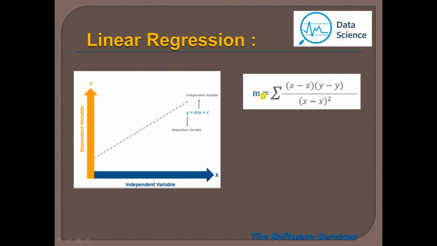So the model learns m from the training set. Once the m value comes, c is very easy. From simple mathematics, c will be known. So the model learns m, the coefficient of x, and c, the intercept of y.